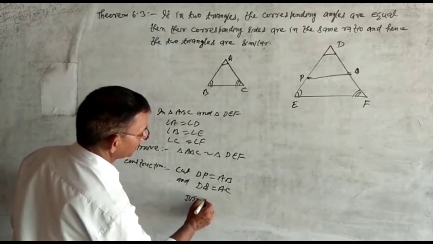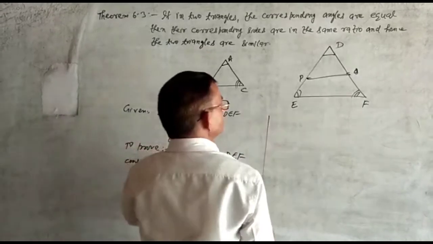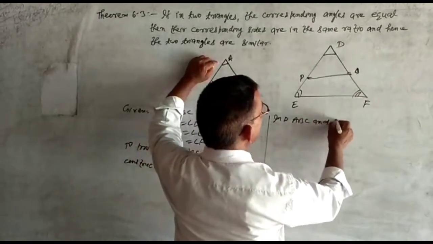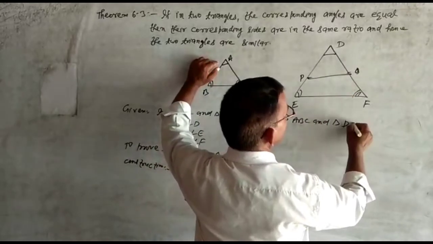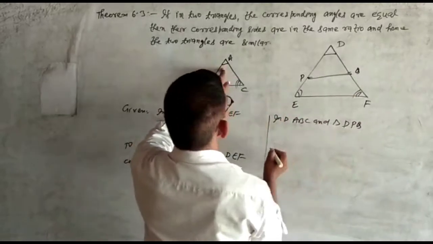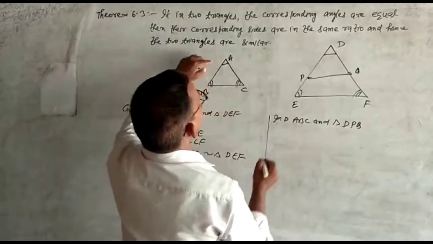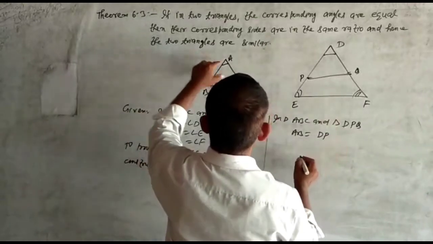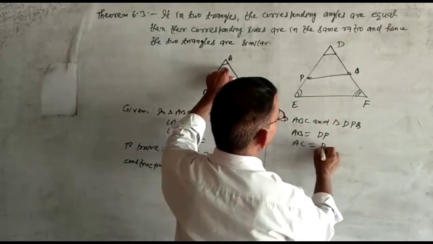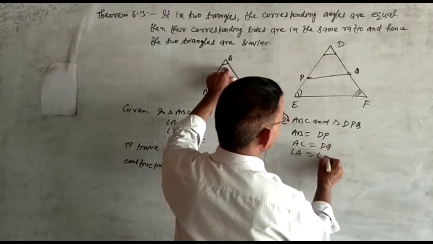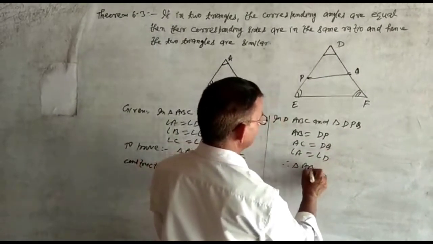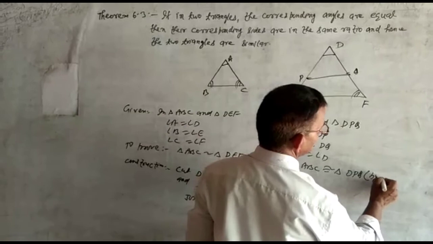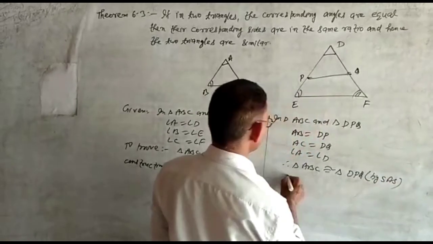Join PQ. In triangle ABC and triangle DPQ, AB is equal to DP, AC is equal to DQ, angle A is equal to angle D. Hence, triangle ABC is congruent to triangle DPQ by SAS.